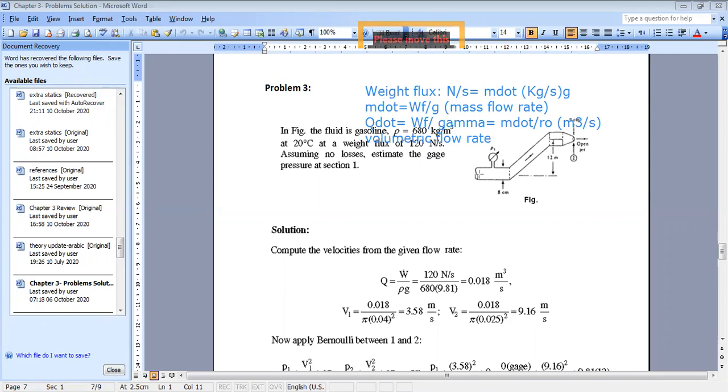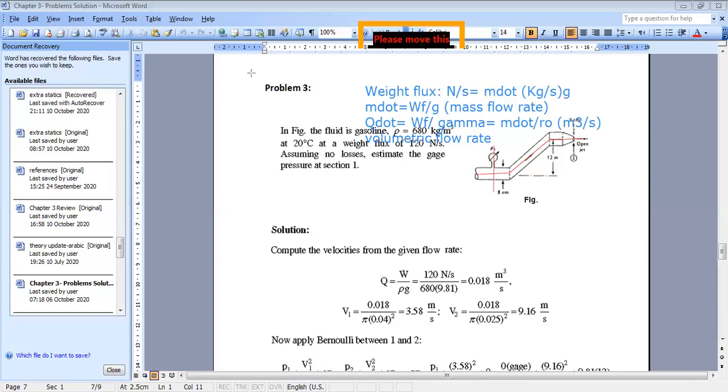So if you take a streamline at the center, you can apply Bernoulli between the inlet and the exhaust, okay? The inlet section is here. So you are interested mainly at this location. At this location, you need to find the gauge pressure at 1.